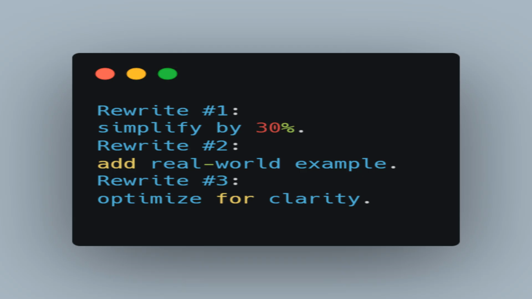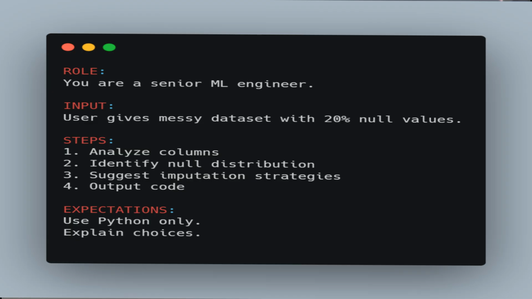And the fourth one is going to be RICE, which is role, input, step, expectation. I'm going to give a role. I'm going to give an input.